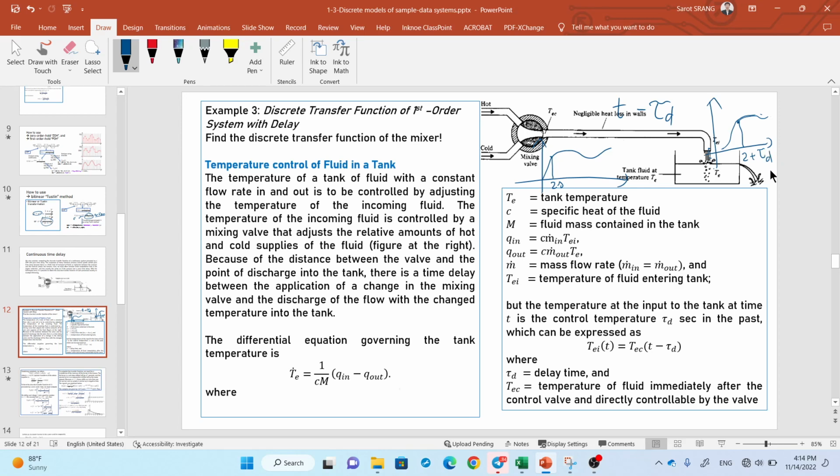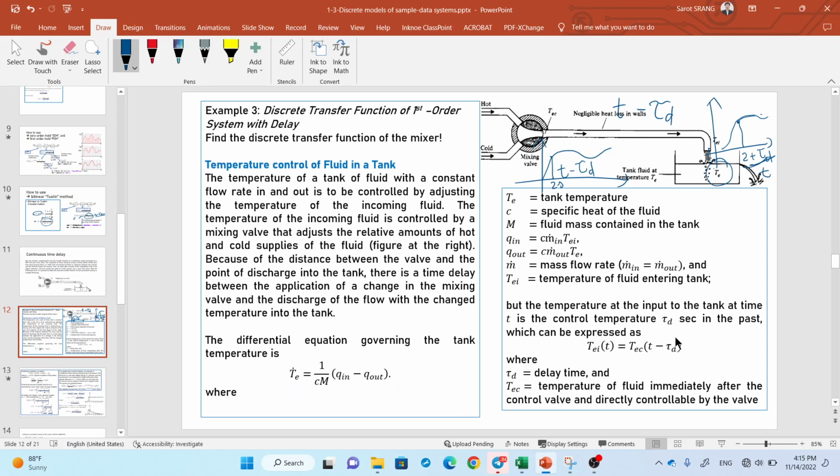So if I call this one T, this one must be T minus tau D. I call all of this T because we write T dot, the time derivative of TE. It means we write something like this.